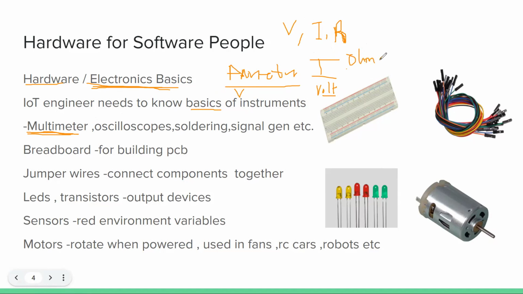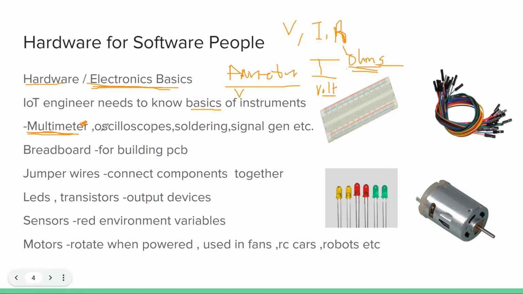Ohms is the measurement for resistance. So the equipment is called an ohmmeter. All these three, plus other things, are put together in what is called a multimeter. Are we together?